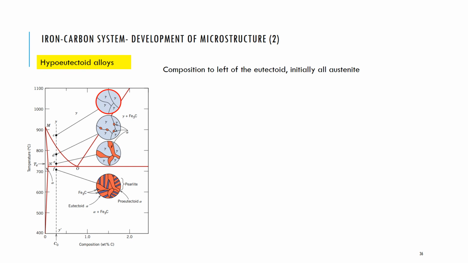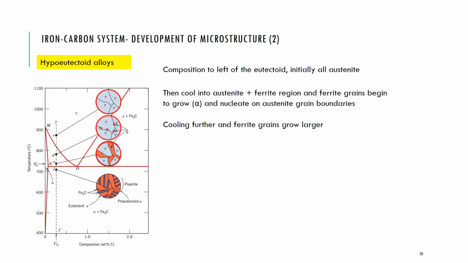Initially, we start in a phase whereby the system is entirely in the austenite phase. We cool into that austenite and ferrite region, and ferrite grains begin to nucleate and grow within the austenite phase.